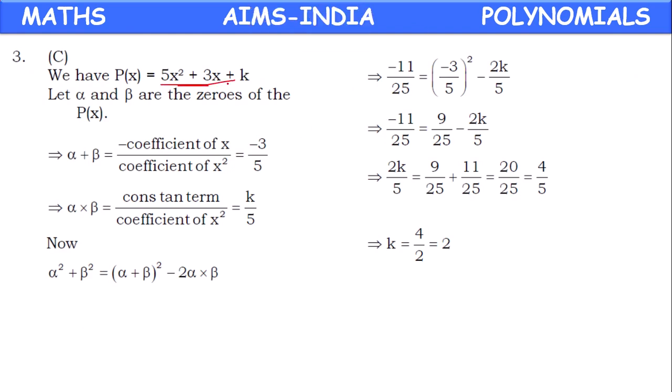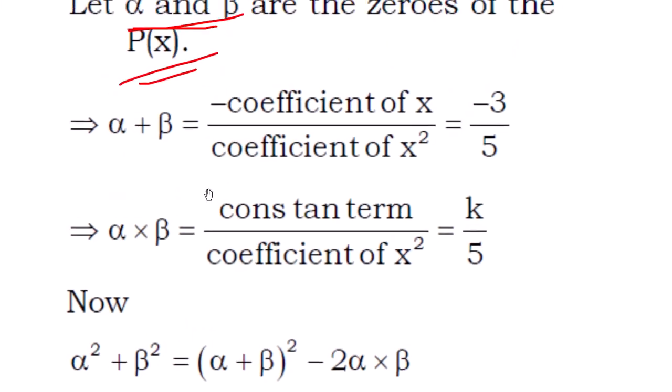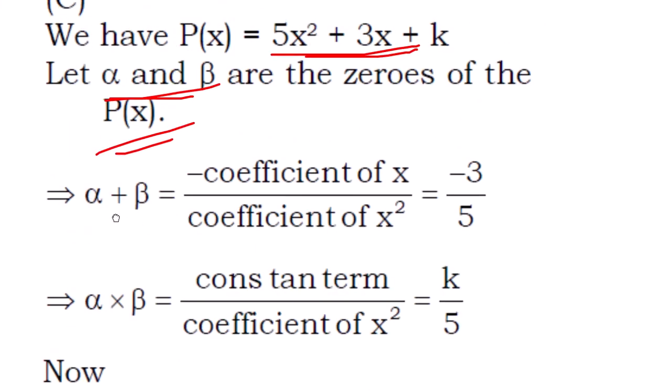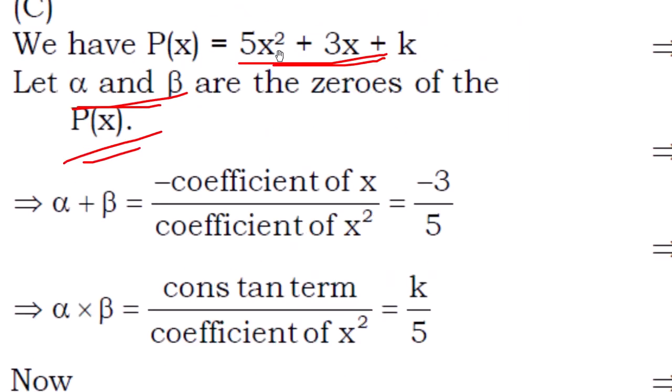So this is the polynomial. Let alpha, beta be the roots of the polynomial. Then the sum of roots, according to the formula, is minus 3 by 5. Product of roots, according to the formula, is constant term by coefficient of x square, k by 5.